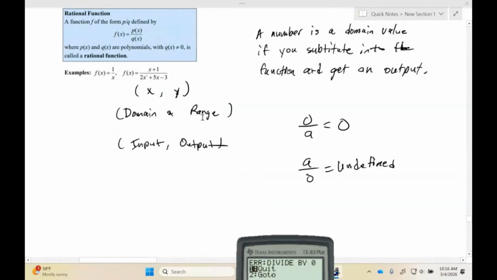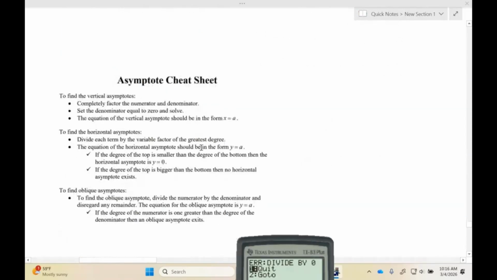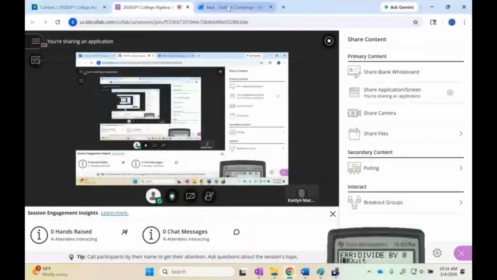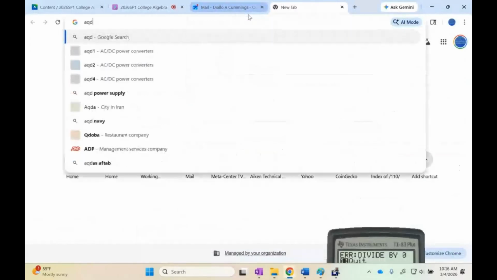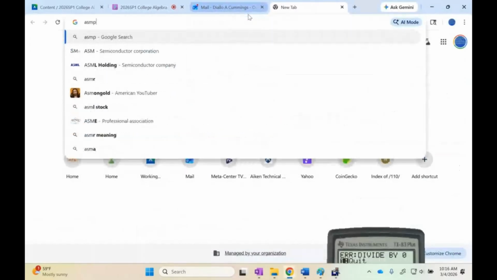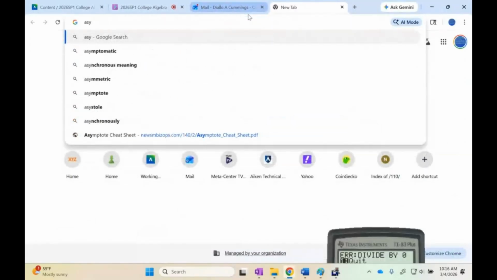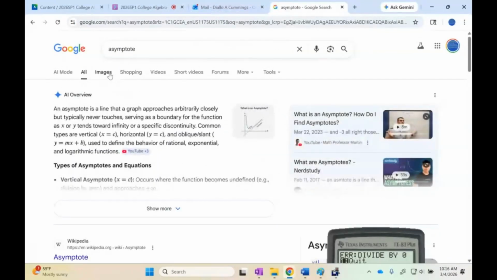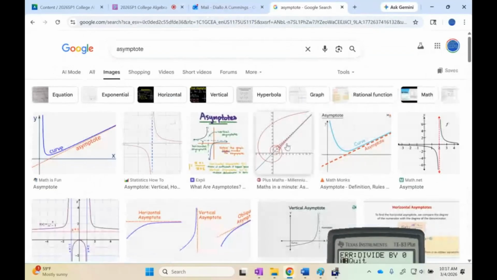All right, when you deal with rational functions, there's something called asymptotes. I thought I had another slide. I'm just gonna pull up a picture.